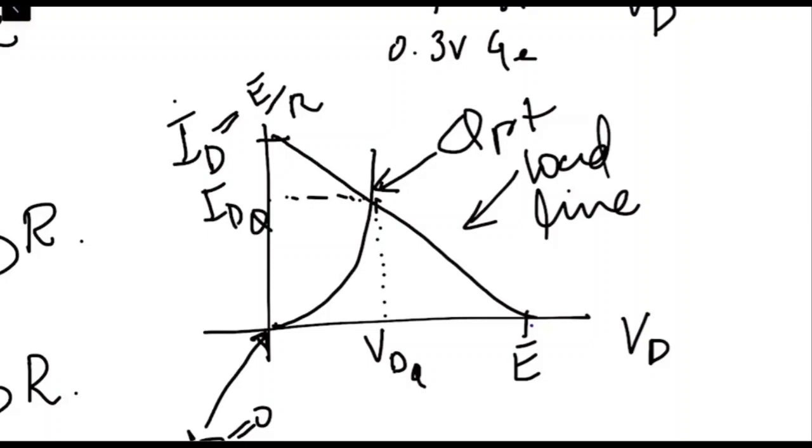In this way, we get the specific value of the current and the specific value of the voltage across the diode. That specific point is called the Q point, and due to that we get IDQ and VDQ.